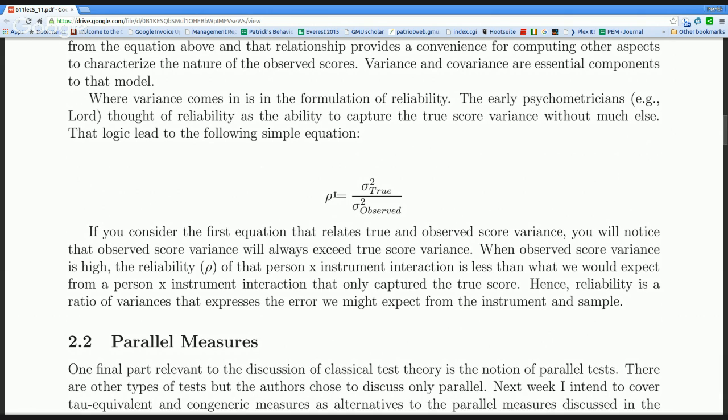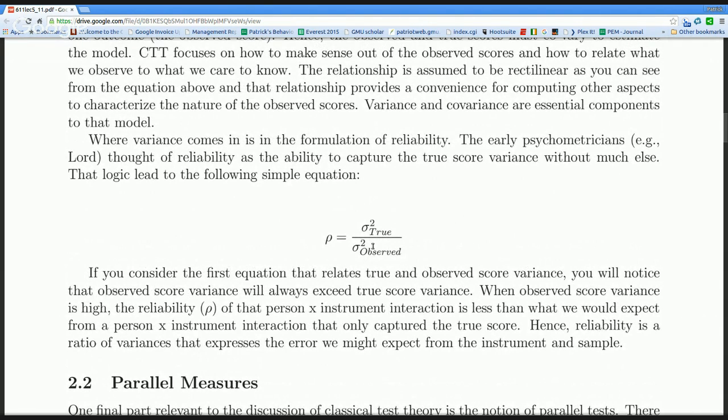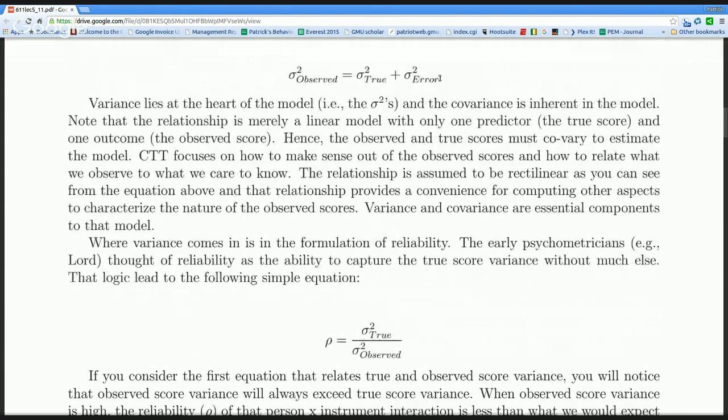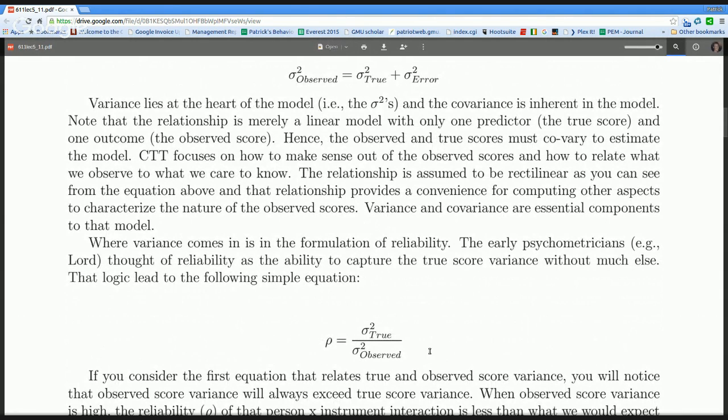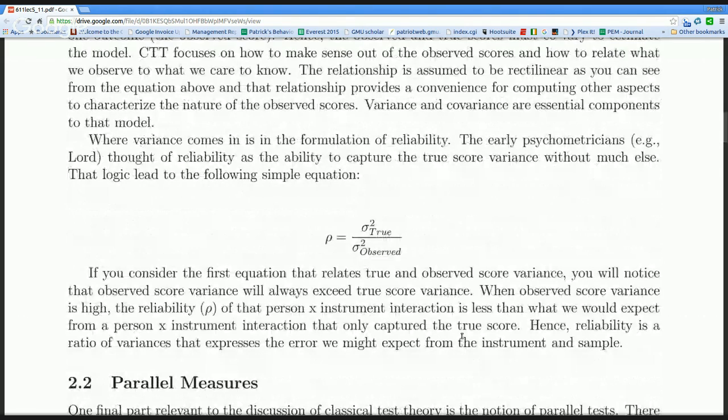Now you'll notice that true score variance over observed score variance could actually be simplified for our purposes, where we take the observed score variance and substitute it with true plus error. So if you have true plus error, you'll see that as the error variance increases, our reliability decreases. And this is a really good way to think about reliability.